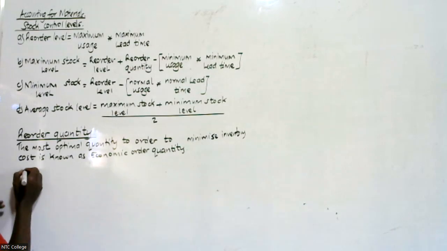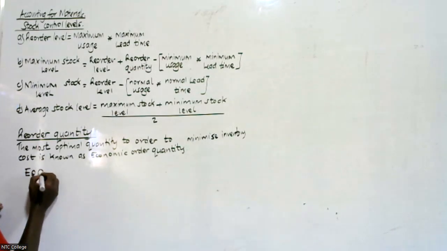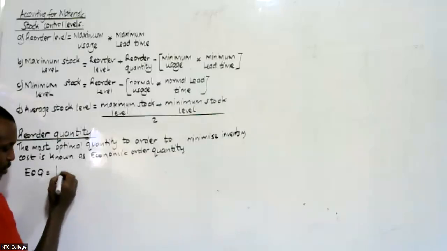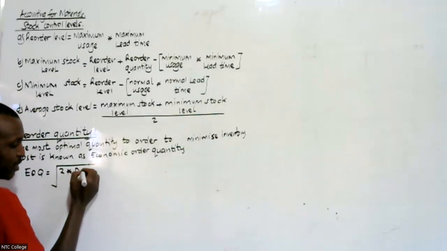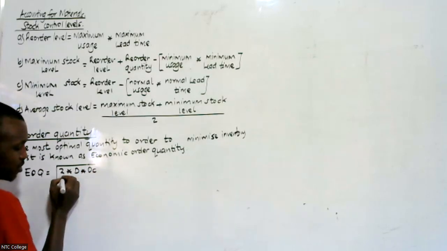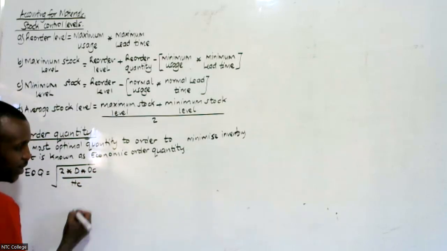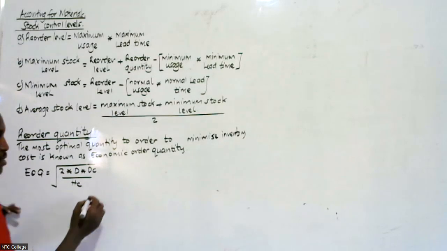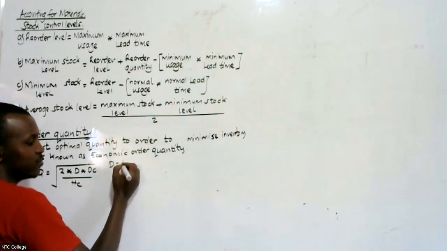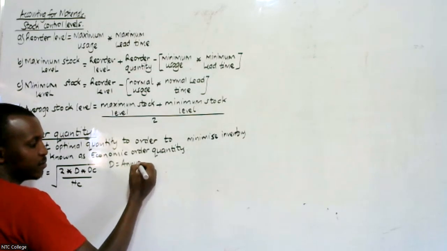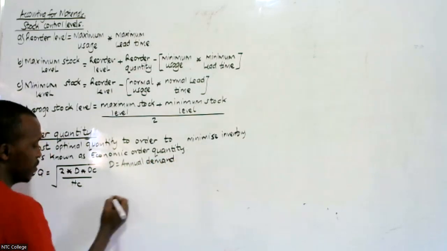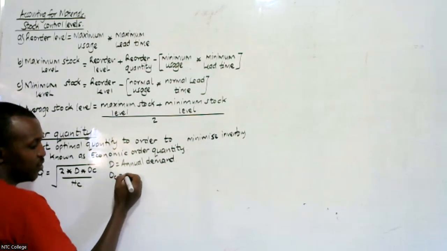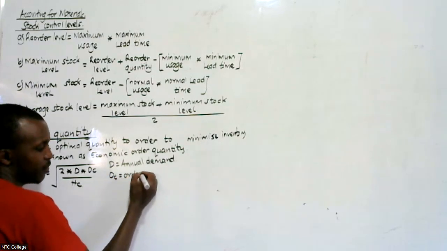So the EOQ is given by the square root of 2 times D times OC divided by HC. D is your annual demand. OC is your ordering cost per order.